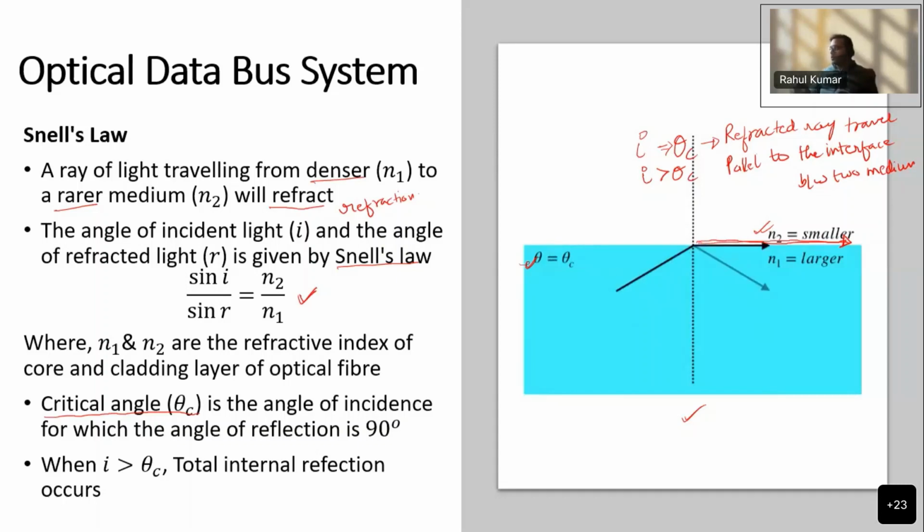So for an angle of incidence greater than the critical angle, total internal reflection, or in short TIR, will occur. The ray of light will be reflected back into the same medium, with almost 99.9% of the light reflected back.